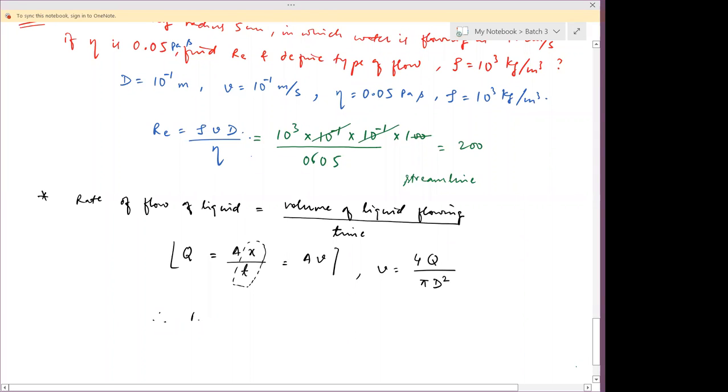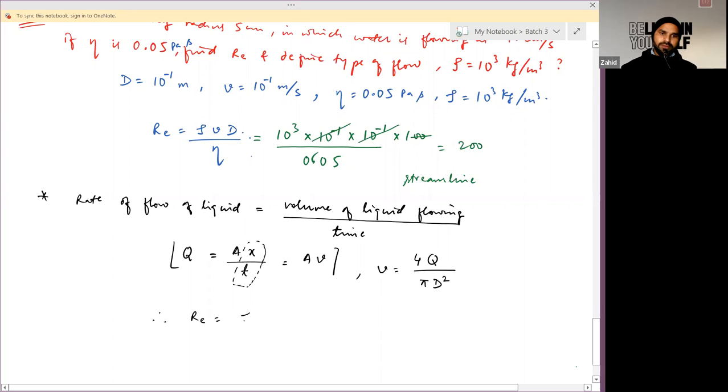Therefore, Reynolds number equals rho times 4Q by pi d square, times d, divided by eta. So this d and this d will cancel out, and you're left with 4 rho Q divided by pi d eta. So this is another way of expressing Reynolds number.